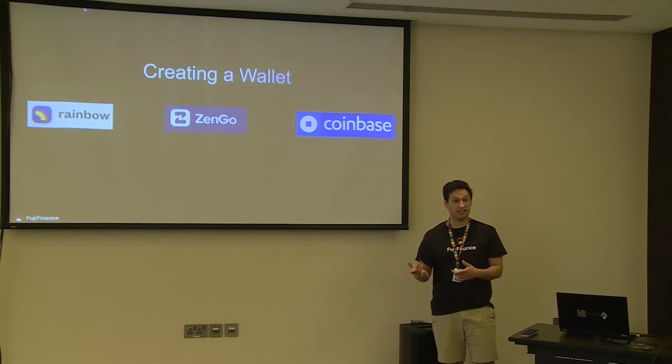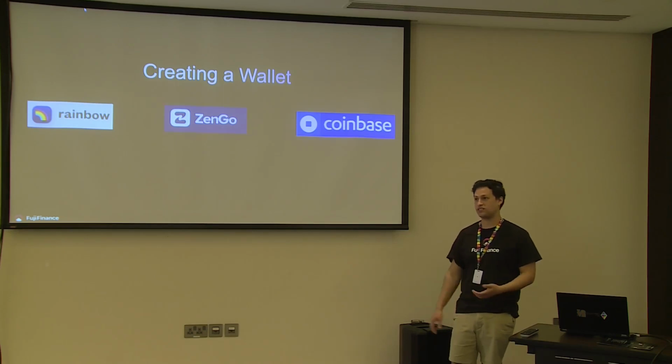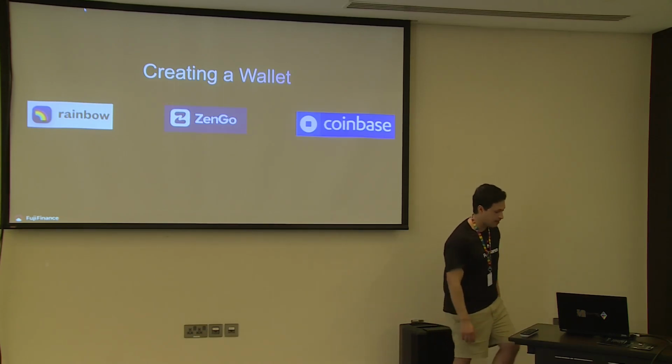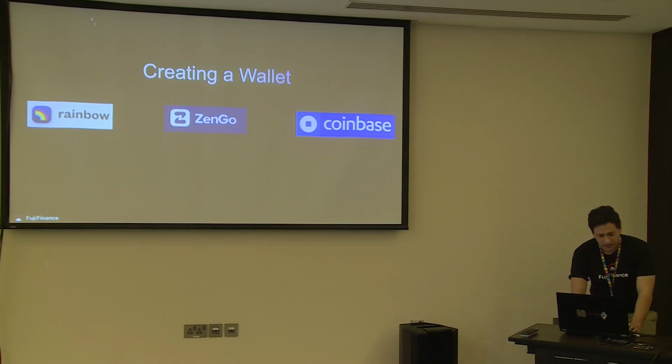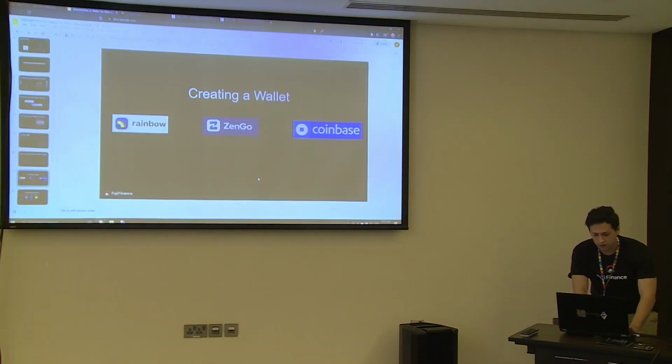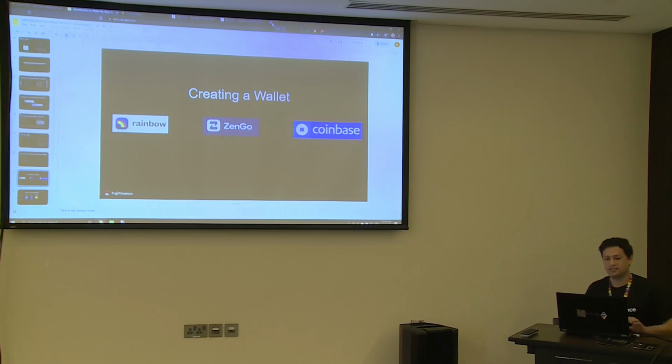There's Lens, there are other ones. I don't want to endorse one specifically. Obviously, ENS is one of the biggest ones, and I think it's an easy way to remember addresses. So for the workshop, I'm just going to create the Rainbow wallet.